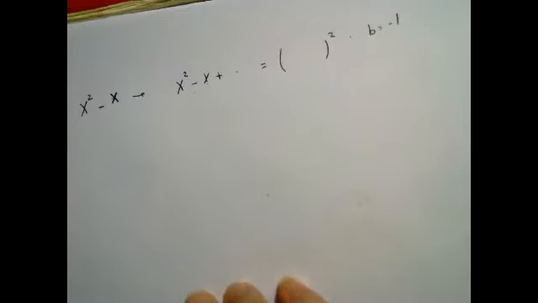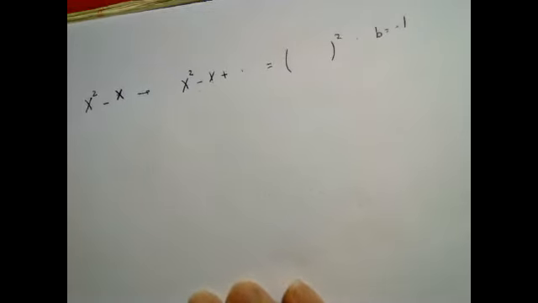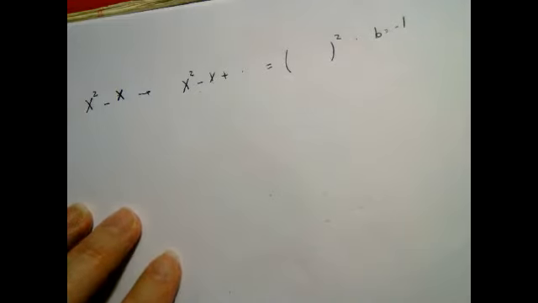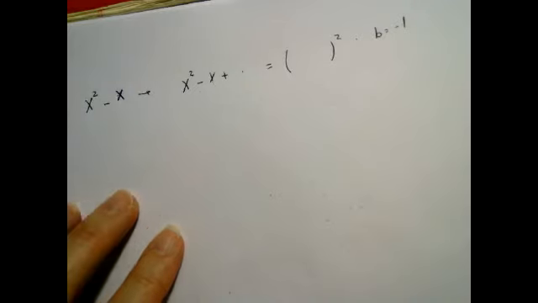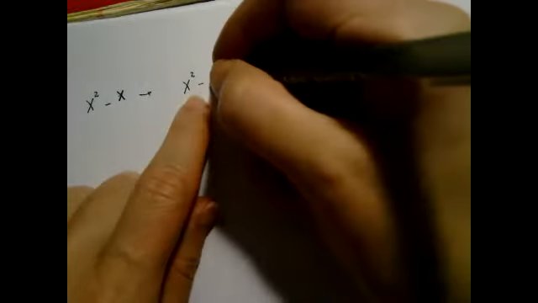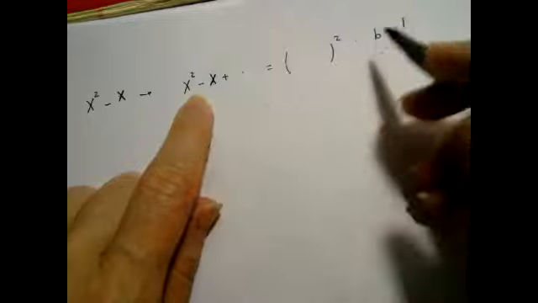Otherwise, you will be lost. So the b, it means what x is multiplied by, it's a minus 1.